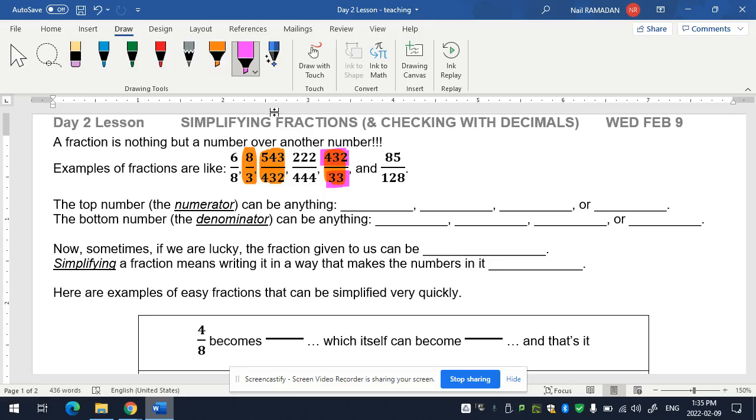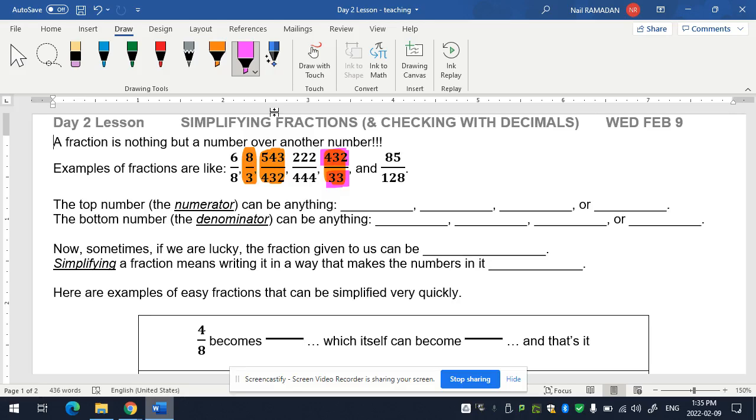By the way, the denominator is always the bottom part, and the numerator is the top part. What do math teachers call a fraction where the numerator is bigger? Improper. Improper, like not appropriate fraction. Why? Because you can always make it what we call a mixed fraction.